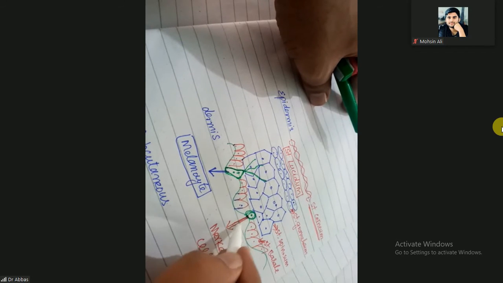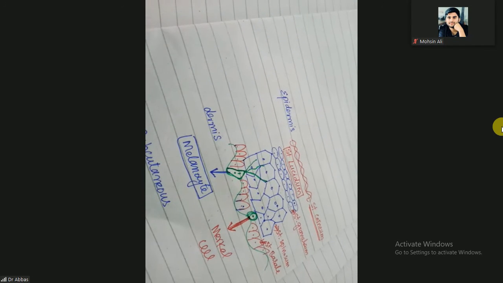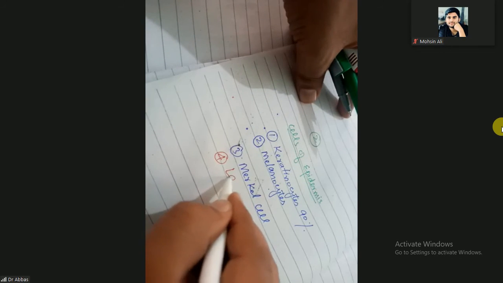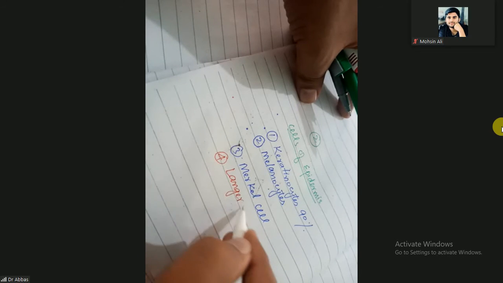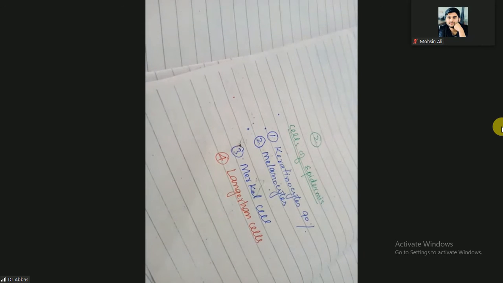This one cell in the stratum basale is the Merkel cell. And the last cells of the epidermis, the fourth, are the Langerhans cells. That is for phagocytosis.